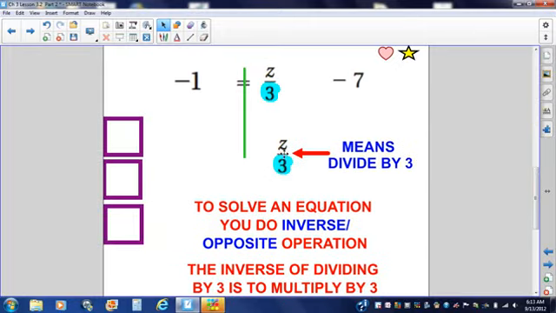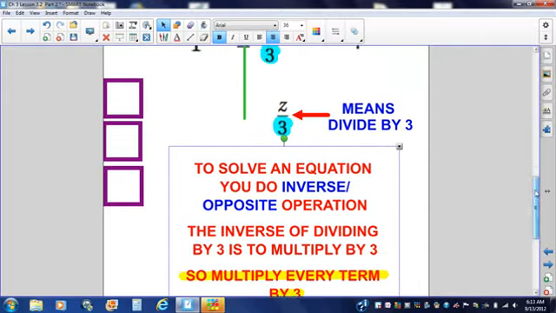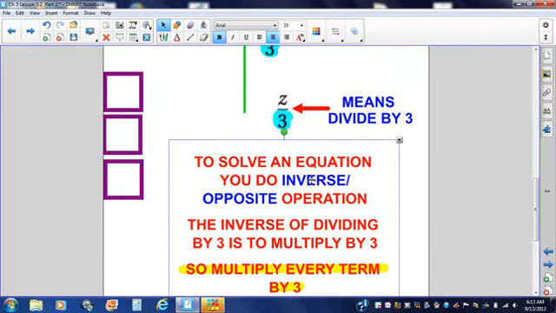Z over 3, this fraction bar means to divide. So we're dividing by 3. Remember, to solve an equation, you always do the inverse or opposite operation.